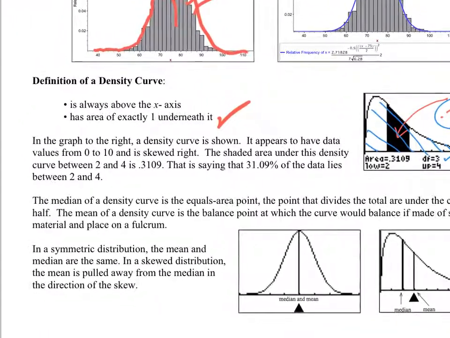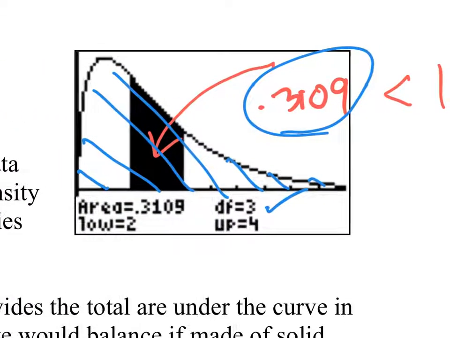With that being said, this is basically saying the same thing. He's telling you he went from 2 to 4 right here. See that? 2 to 4. And he's telling you right here, low, 2. So that value was a 2. High, 4. That value was a 4.